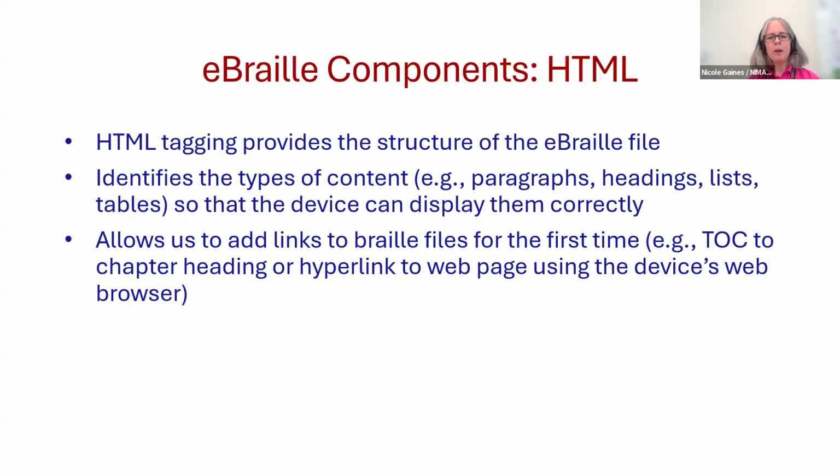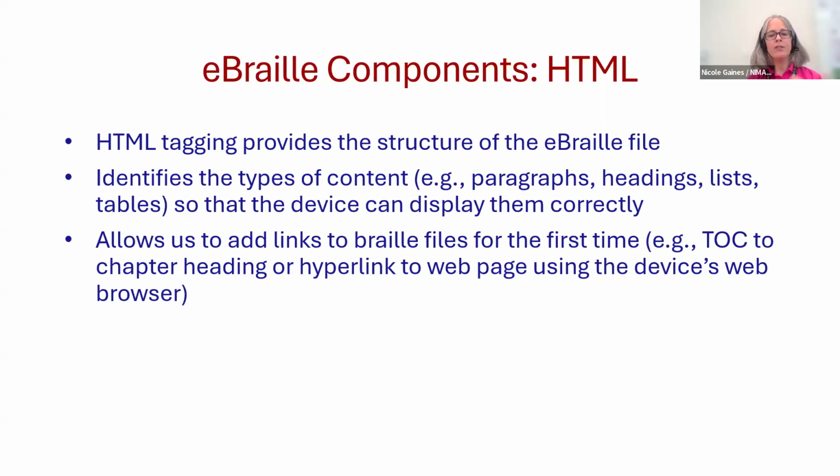So to talk a little bit more about what eBraille is and the different components of it, if you are familiar with the EPUB format, this is going to look very familiar to you because eBraille is basically a flavor of EPUB. It will validate to the EPUB specification. In the same way that the HTML provides the structure of a website or a web page, that same tagging is what provides the structure in an eBraille file.